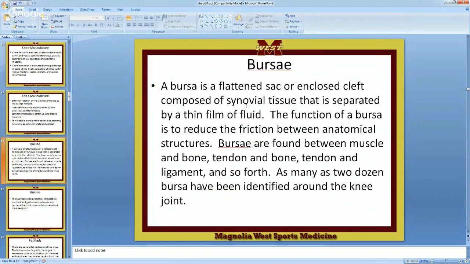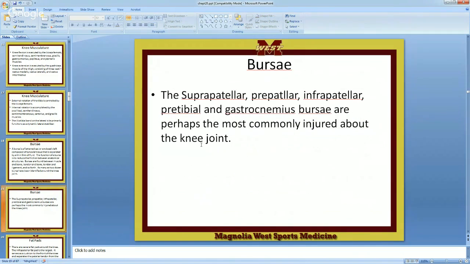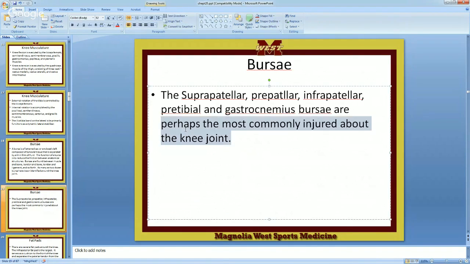What is the function of the bursa? 19. The suprapatellar, prepatellar, infrapatellar, pretibial, and the gastrocnemius bursas are perhaps the most commonly injured around the knee joint. Make sure that that is correct.